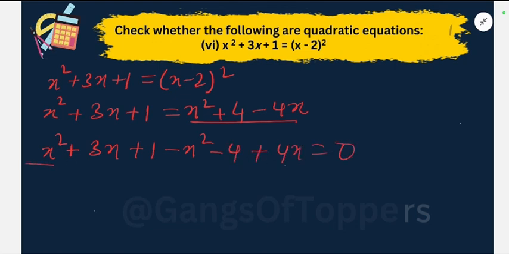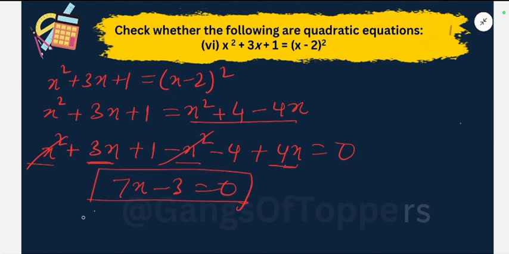Now here x square minus x square will cancel, and 3x plus 4x will add and it becomes 7x minus 3 equals to 0.